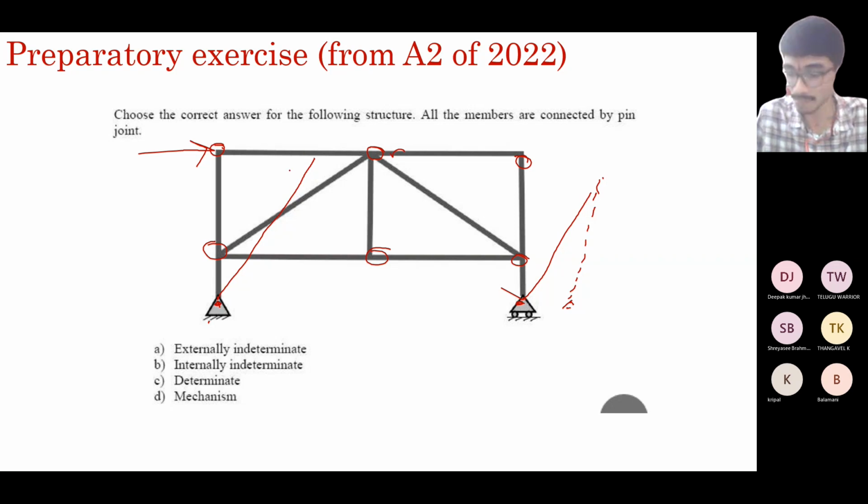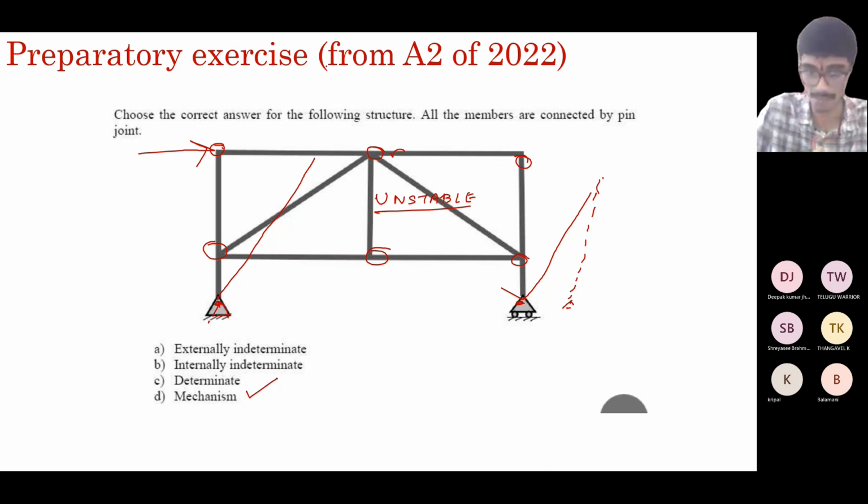So you slightly perturb it. Under a perturbation, if there is nothing that resists its motion, it does not deform and it moves rigidly. So it becomes unstable. If a structure is unstable, it doesn't matter if it is statically determinate or indeterminate. Basically, it is a mechanism. Mechanism is the correct answer. Why?